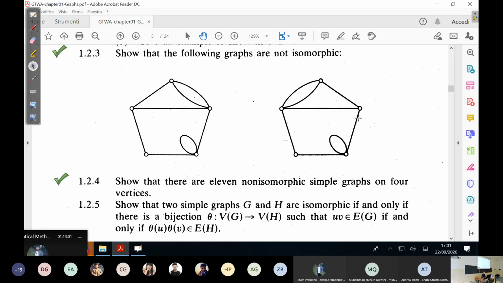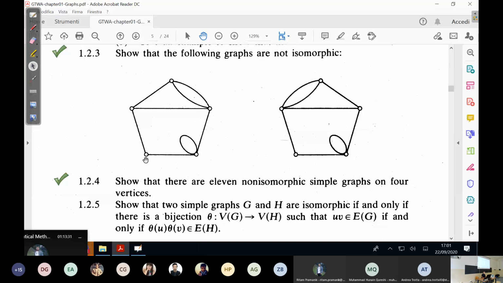So, another way of saying it is to look at something which has to be preserved by an isomorphism. If I send a vertex to a vertex, what is surely the same on one and on the other is the number of edges incident to that vertex. So I could, in principle, send this vertex to this vertex. Why?